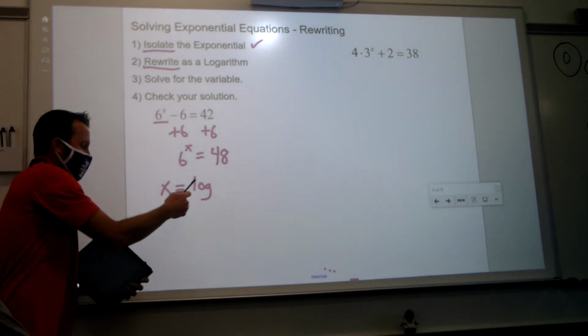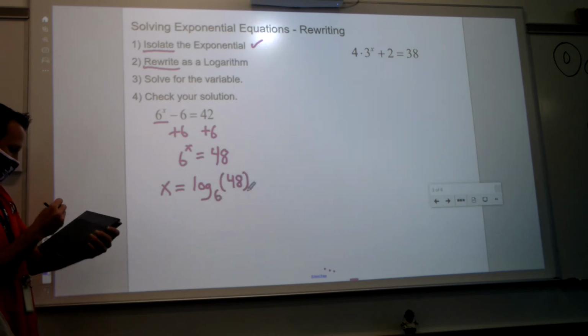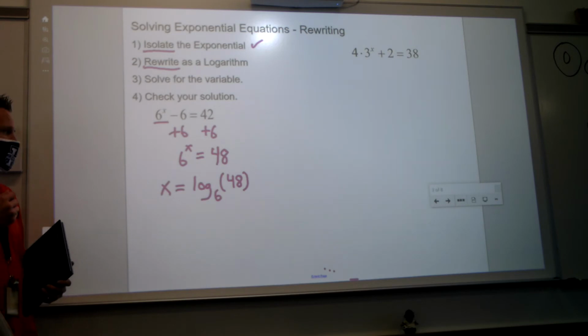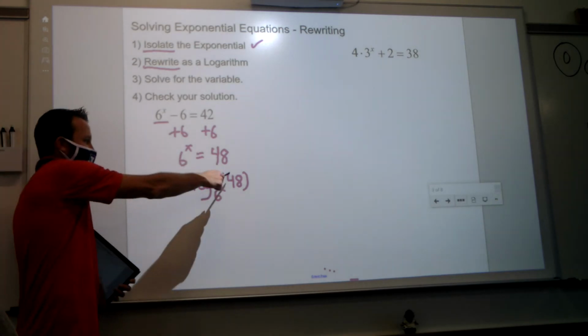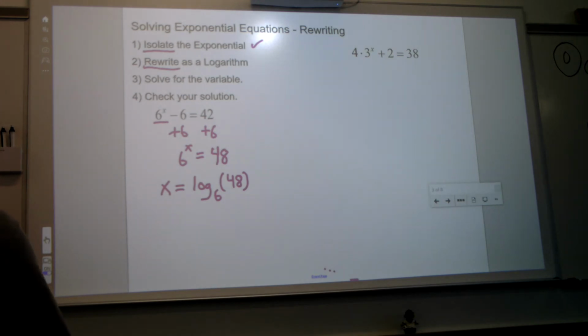It's going to go to the base of the logarithm. And that 48 is going to come inside. It is now our new argument. Remember, what's inside is called the argument. So our answer here is x equals log base 6 of 48. Now, let's say you're asked to plug in an answer here.